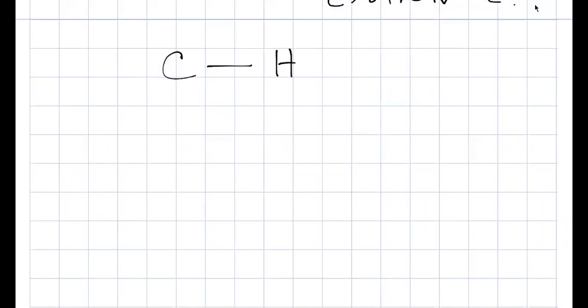Which way is the dipole for a CH bond? Towards carbon. So if I break that bond heterolytically, the electrons are going to carbon.